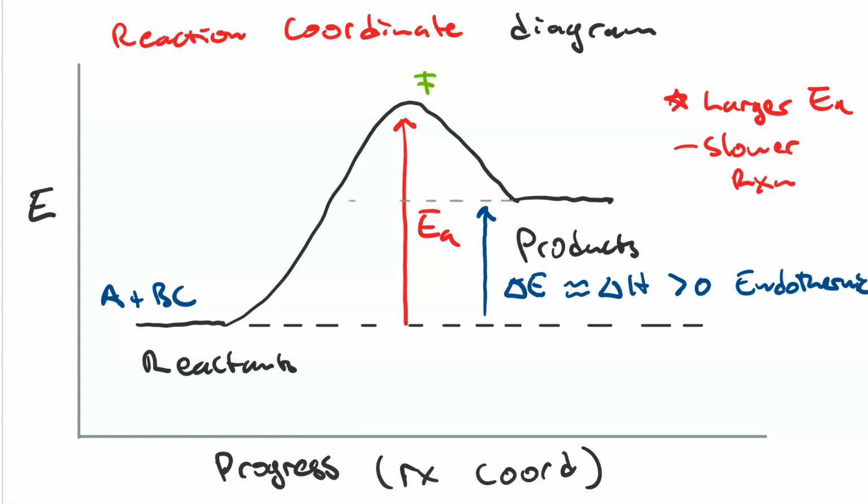The bonds that are going to form are halfway formed. This particular transition state looks like this. Atom A with a bond to B that is halfway formed, and atom B with a bond to C that is halfway broken.